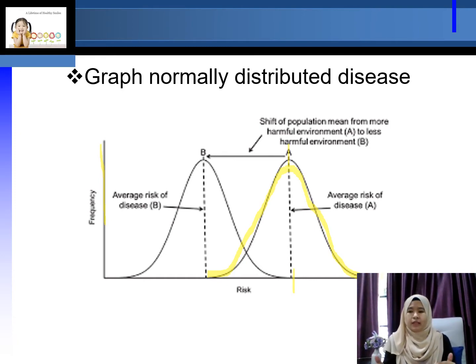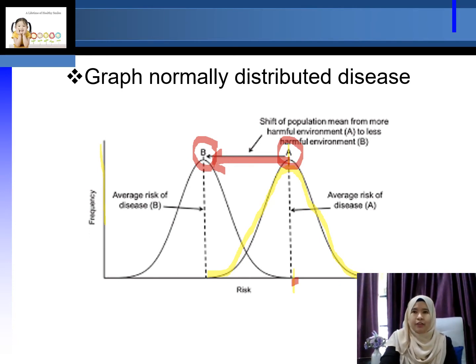So by giving the intervention, the whole population intervention to this population, we want to target to shift the graph from A to B. If you compare the A graph and the B graph, which one is lesser risk? This one, A, the risk is higher compared to the B graph.